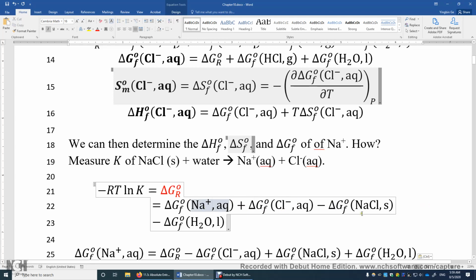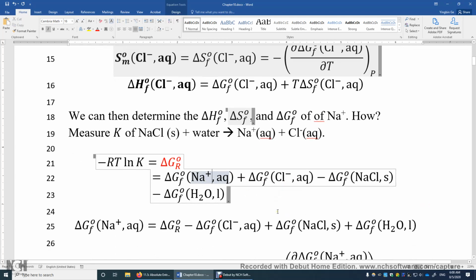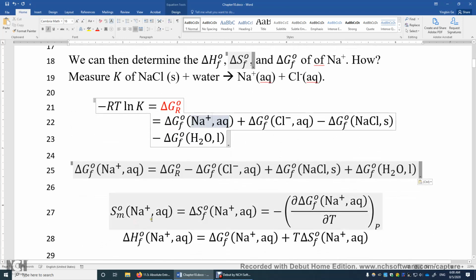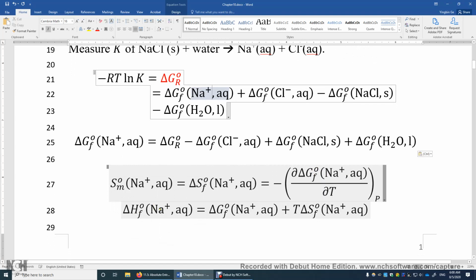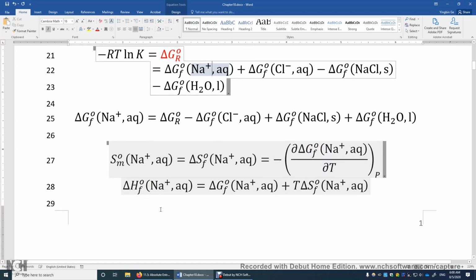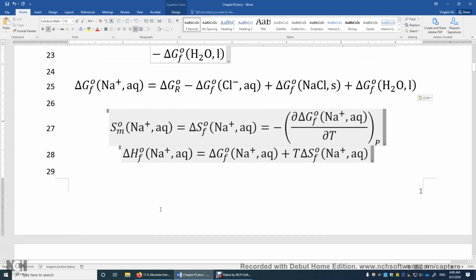Sodium chloride solid and water are the reactants. This way, we can determine the Gibbs energy of Na+ in water at any given temperature. And then if we measure this at different temperatures and look at the temperature dependence of the Gibbs energy of formation, we get the entropy of Na+. Finally, we determine the enthalpy of formation for Na+.